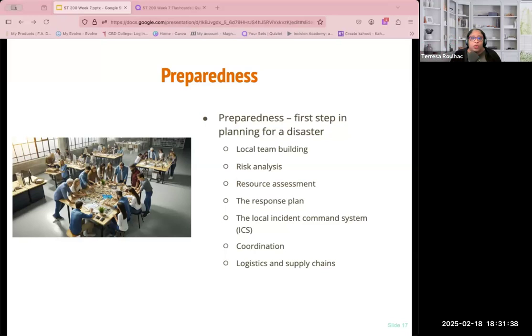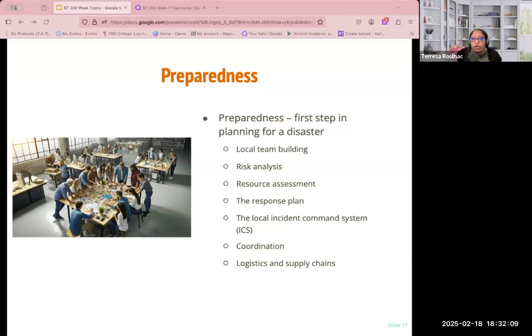Okay. So as an ST, we have to understand the responses and the resources to help ensure a smooth transition to action, especially when disaster strikes. We look at the ICS, the Local Incident Command System. This is just a standardized framework used to organize and manage resources during disaster.